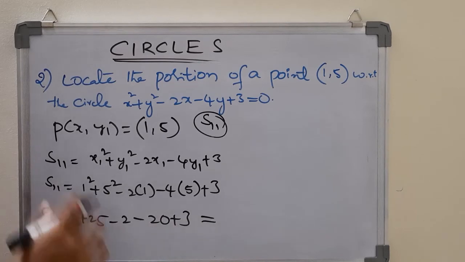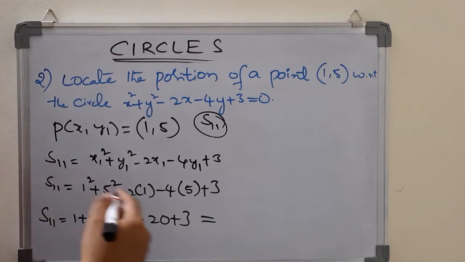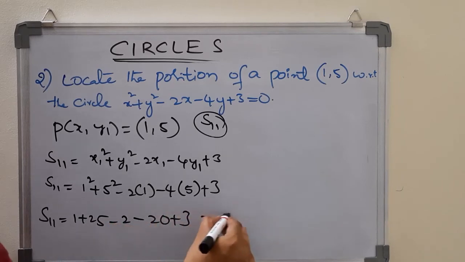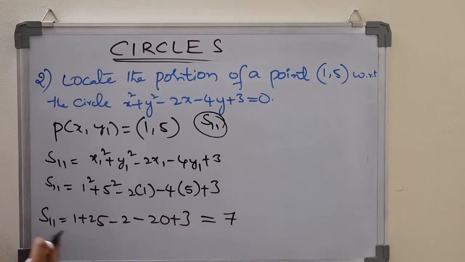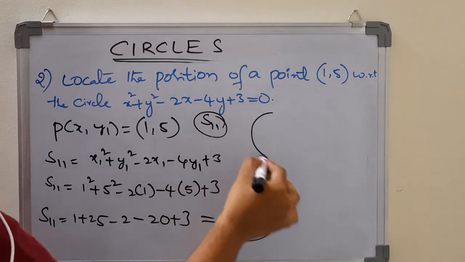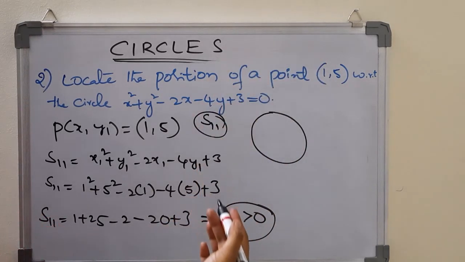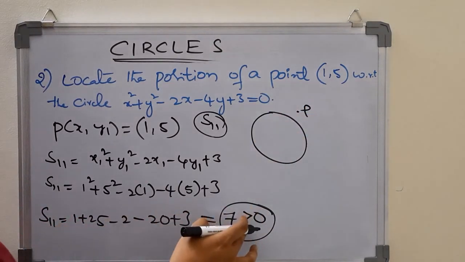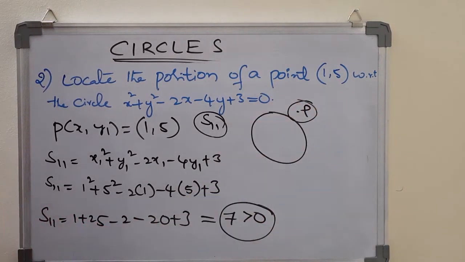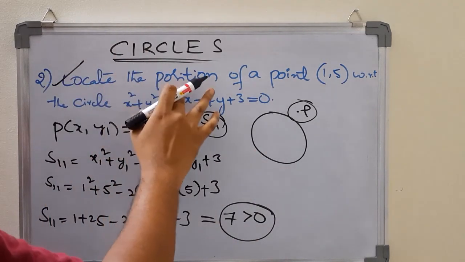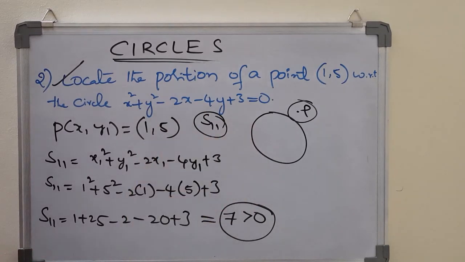So the value of S11 is 7. The value of S11 is greater than 0. When S11 is greater than 0, the point P lies outside the circle, right? So the point lies outside the circle. The answer for this question is that the position is outside the circle.